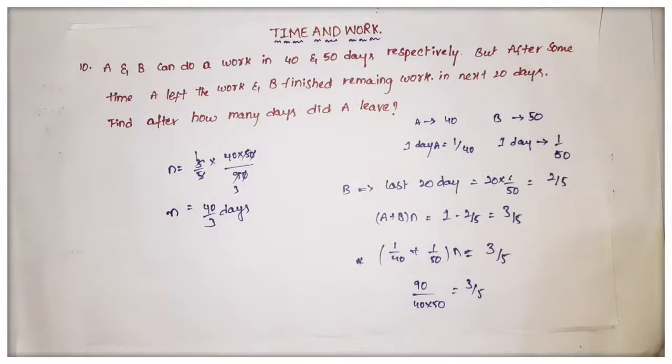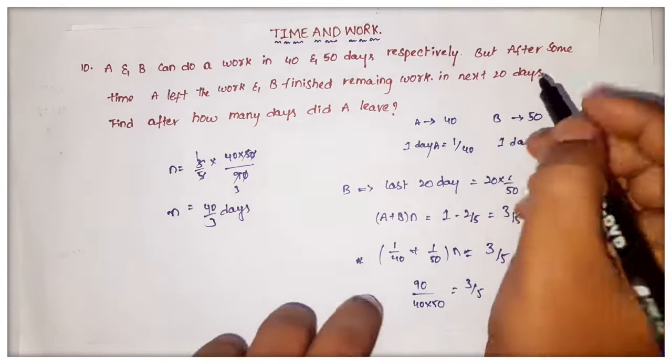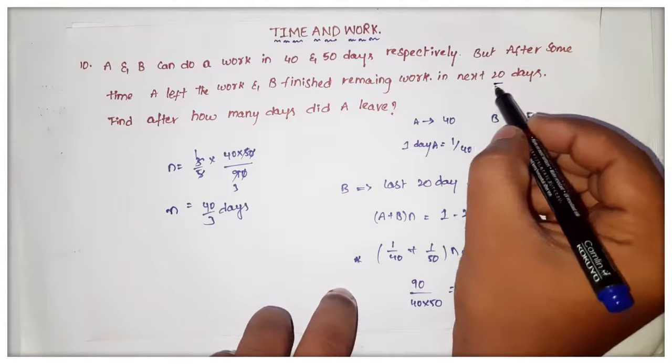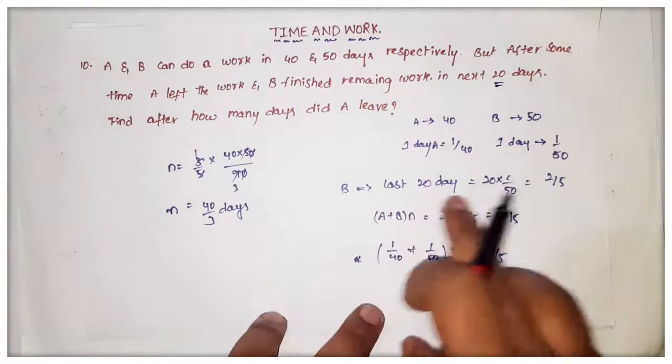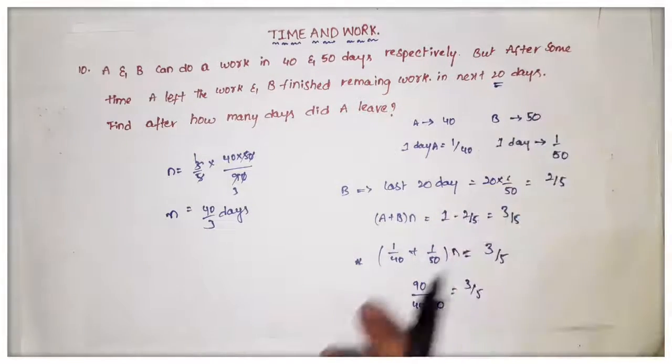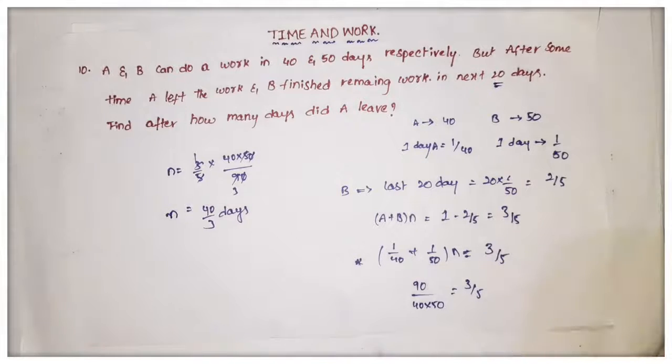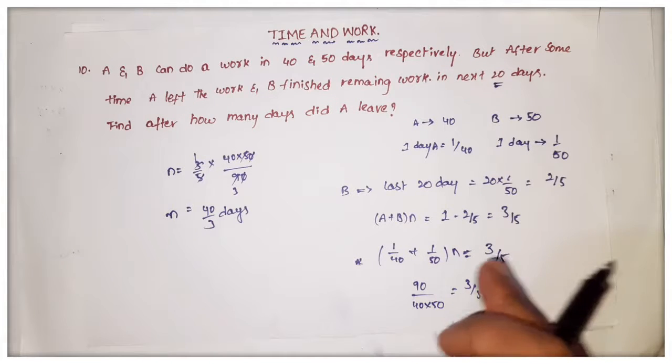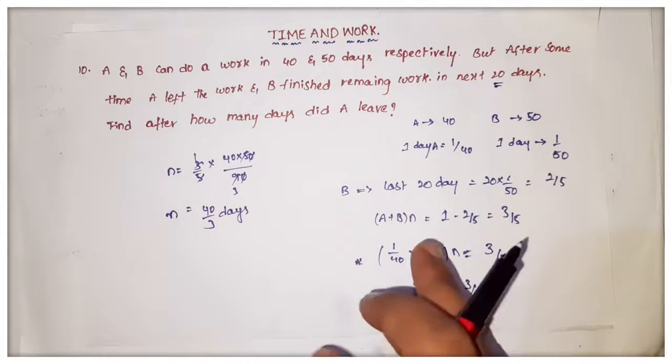After 40 by 3 days, A leaves the work and B finishes the total work in the next 20 days. Based on the given data, we calculated B's work in the last 20 days, that is 2 by 5, and we subtracted that 2 by 5 from the total work.